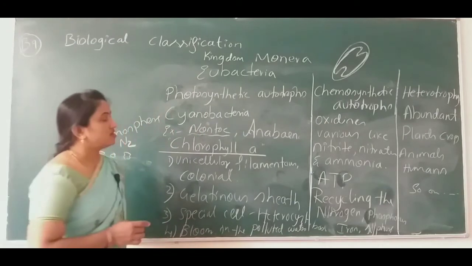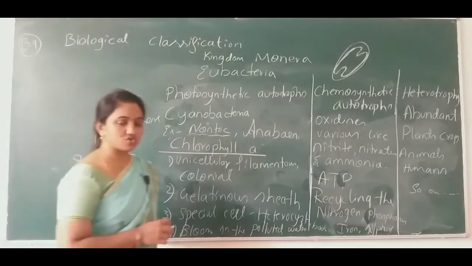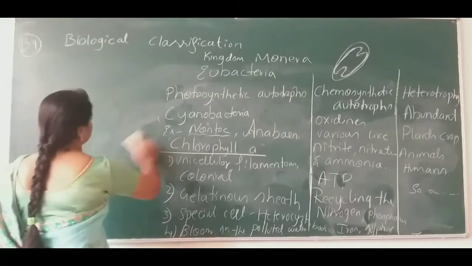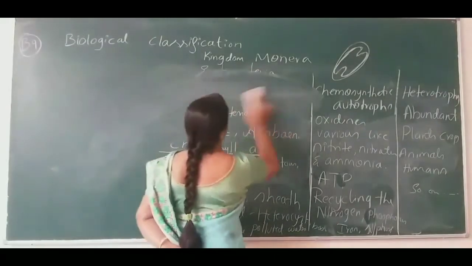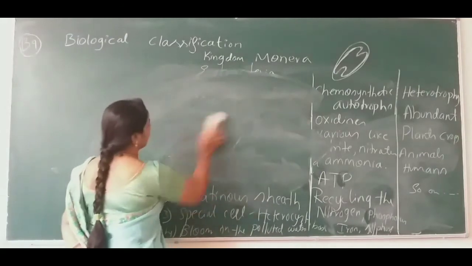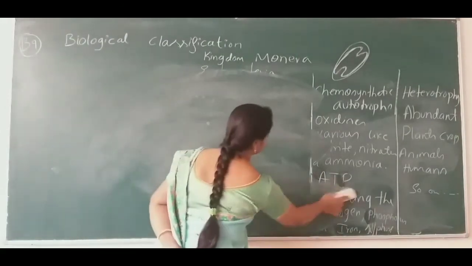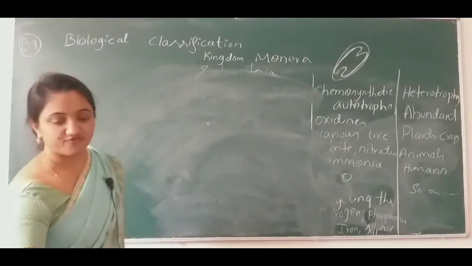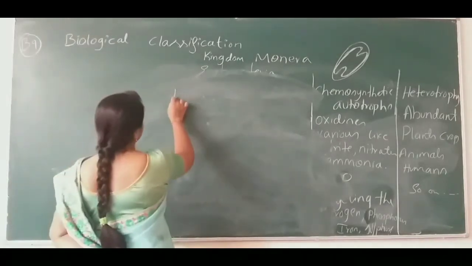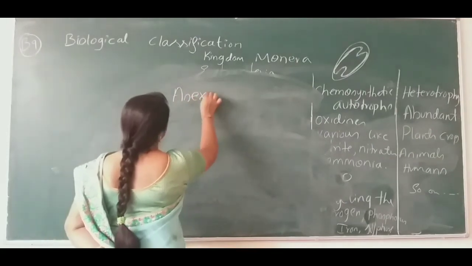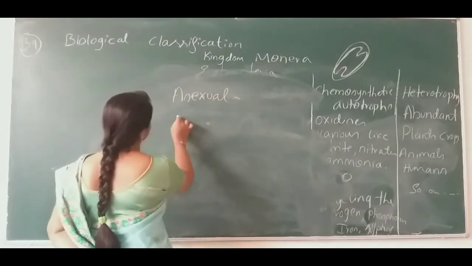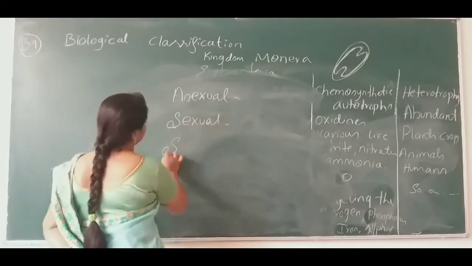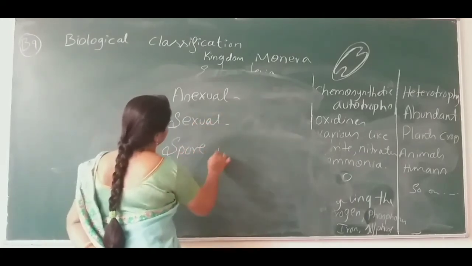Okay, so how do they reproduce? If we come to the discussion of reproduction, how do bacteria reproduce? Bacteria reproduce by means of asexual reproduction, by the formation of spores, and also by sexual means.